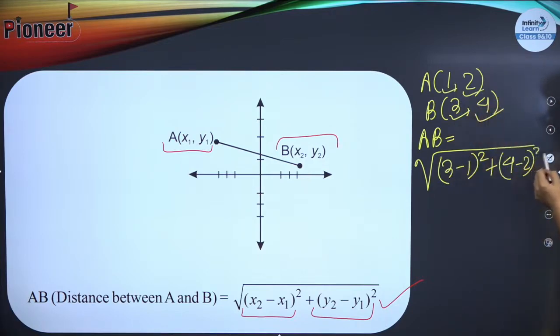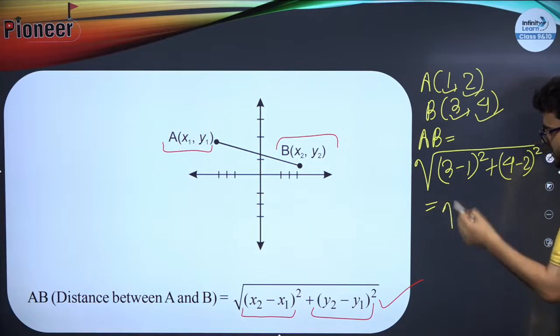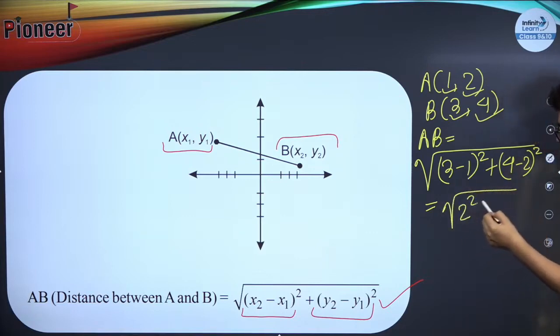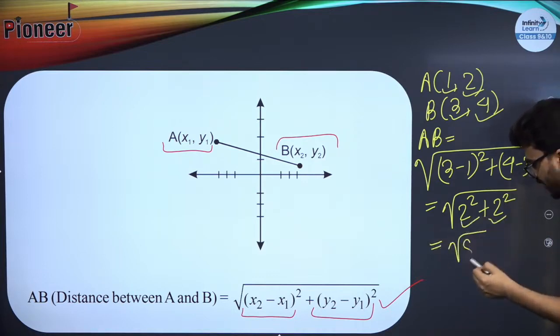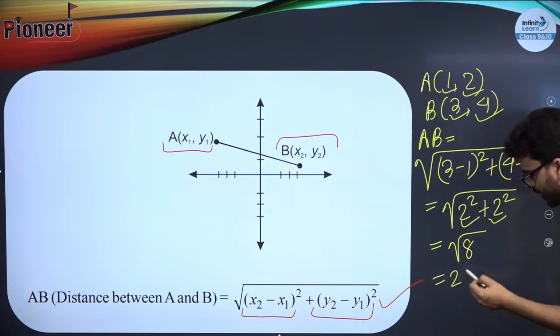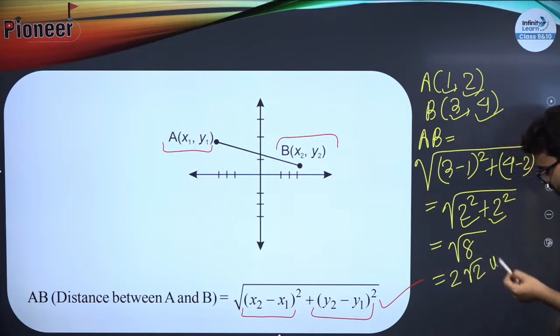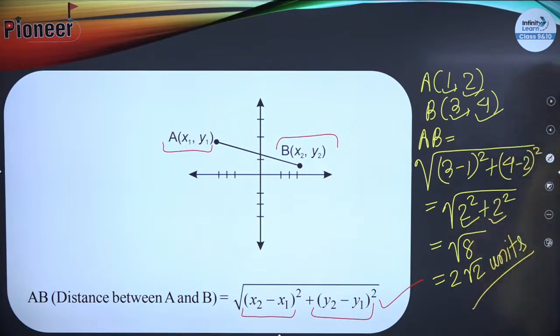That is the distance formula over here. So that will be square root of 2 square plus 2 square. So this is nothing but 4 plus 4, that is 8 over here. And if you further simplify, you'll get 2 root 2. So the distance between the points A and B according to this question is 2 root 2 units.